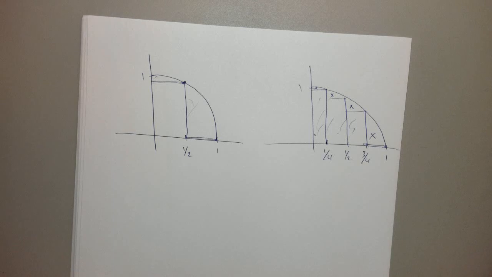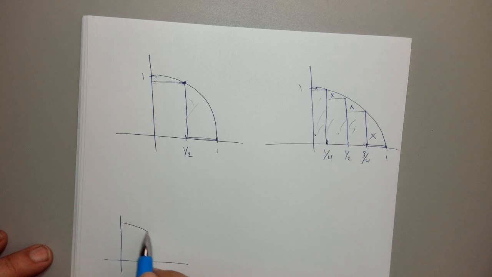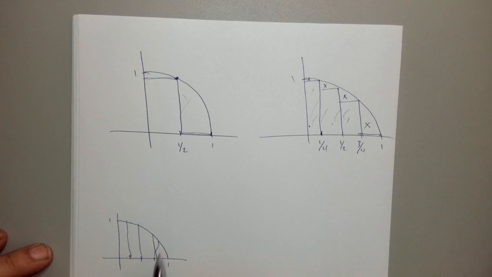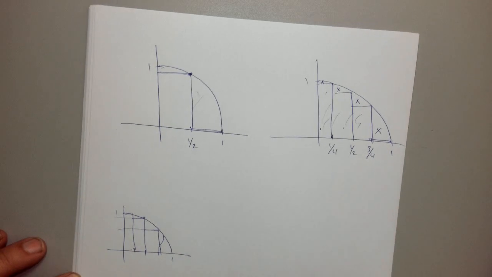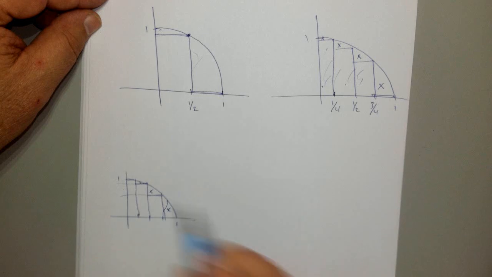So what's happening here? We have one method that's too small, because we're missing all this area.